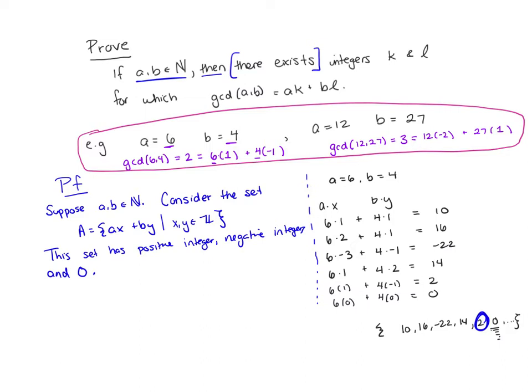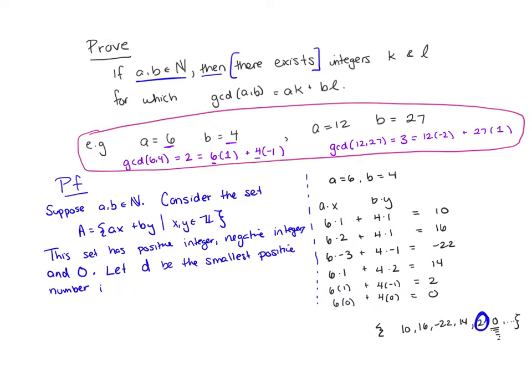So I am going to let D, I don't know it's the GCD yet, I have to prove that, but let's let D be the smallest positive number. Now I can't have arbitrarily small positive numbers because my positive numbers end at 0. So I know there is going to be some smallest positive number.